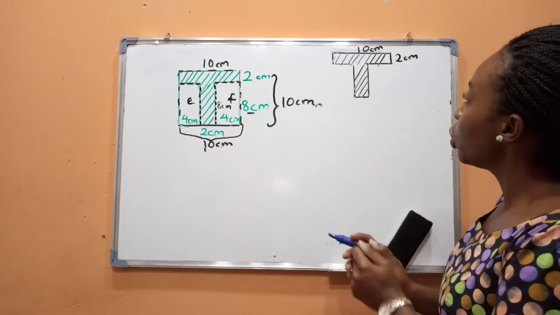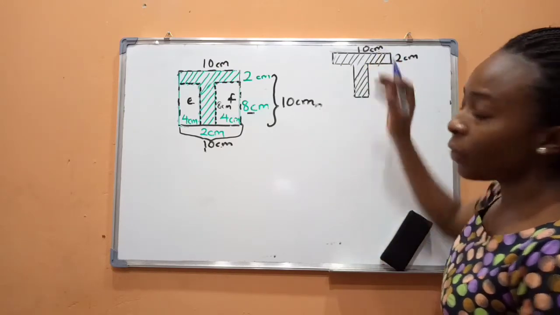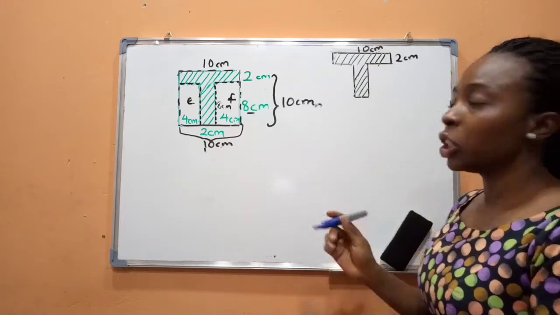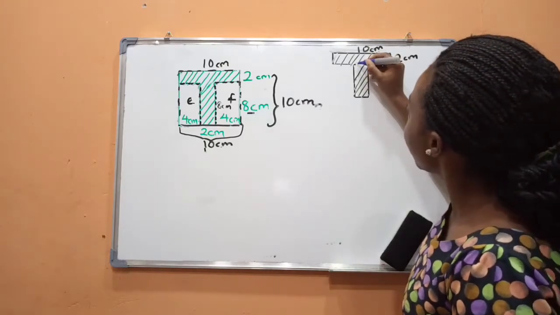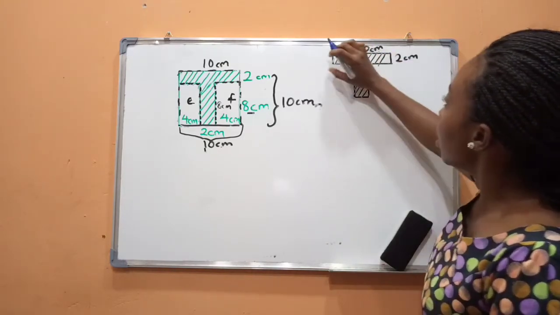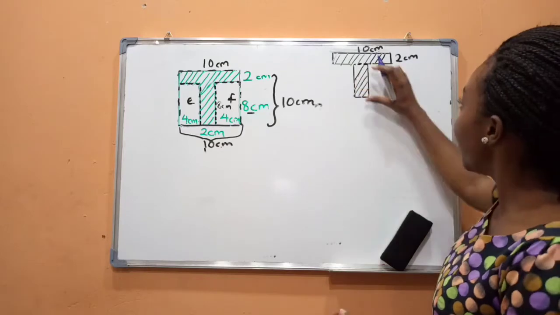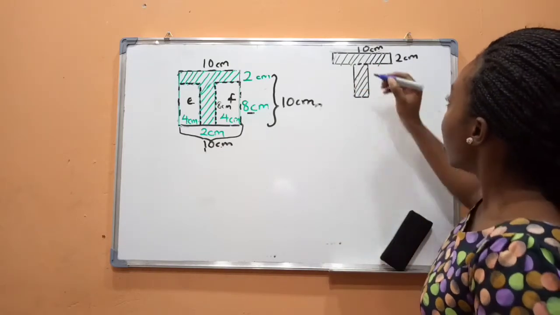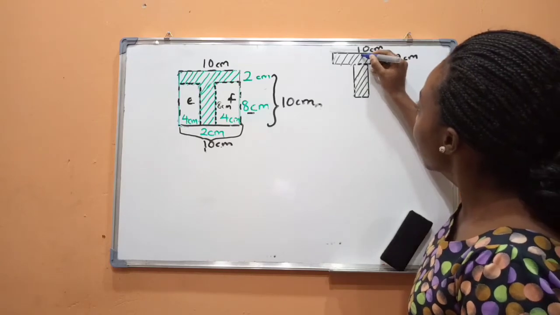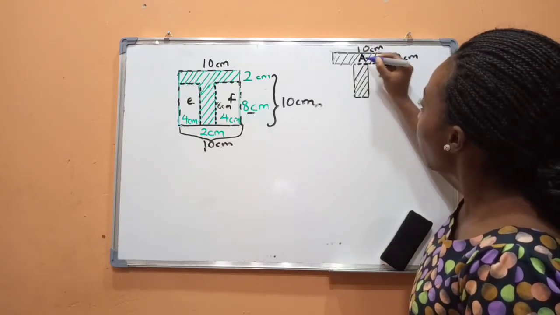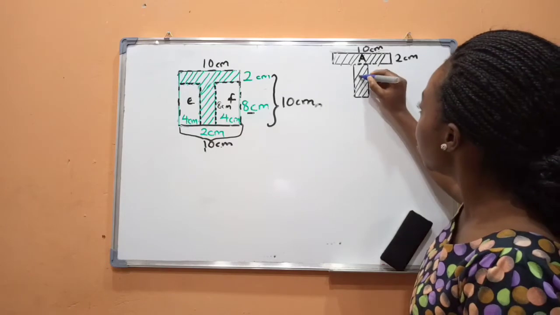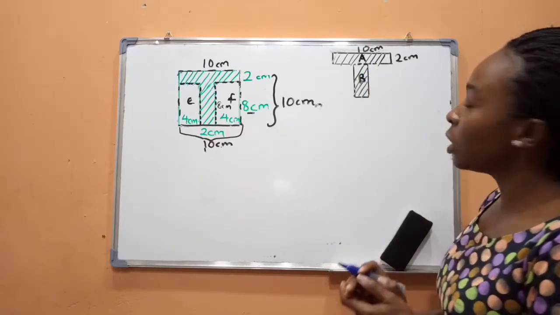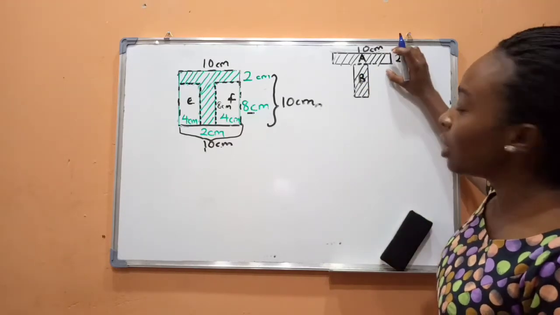So what we are going to do, we are going to divide this T shape into regular shapes. By the time we divide these, we are going to be having a horizontal rectangle and a vertical rectangle. So let's go ahead and name them. The horizontal rectangle is going to be A, while the vertical rectangle is going to be B. Now that we've done that, we are going to pick them singly and solve.